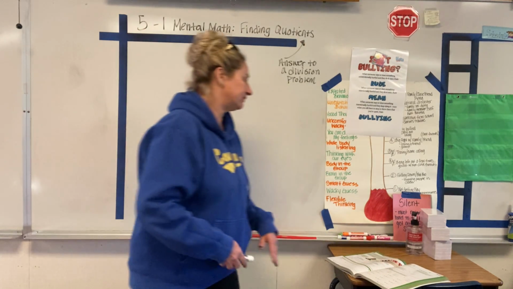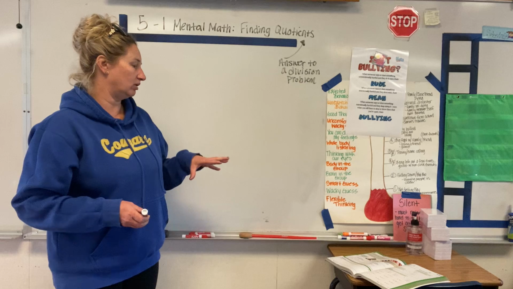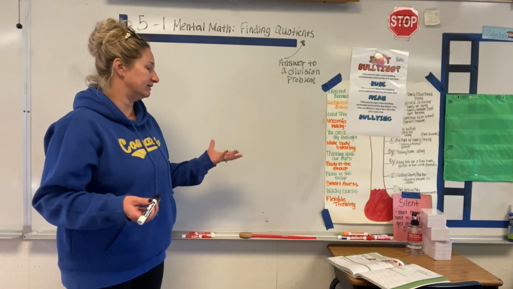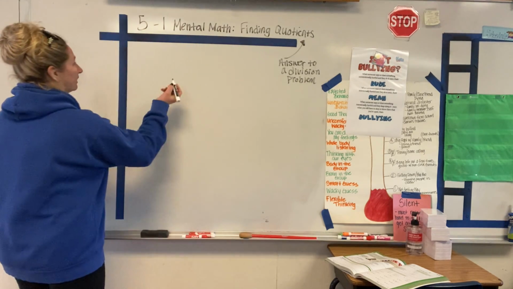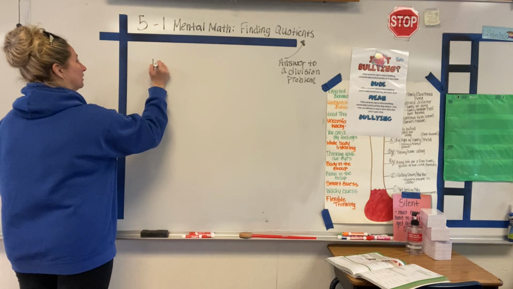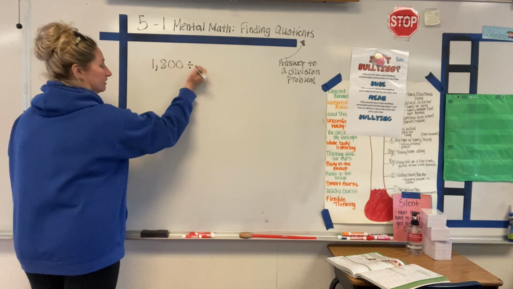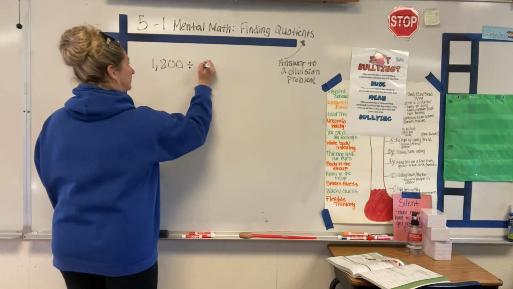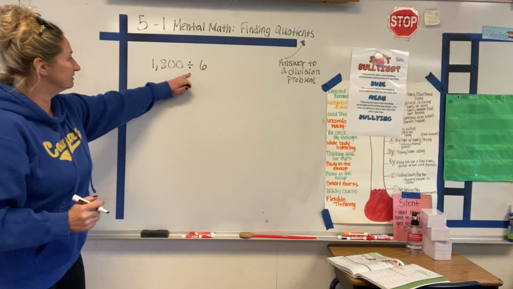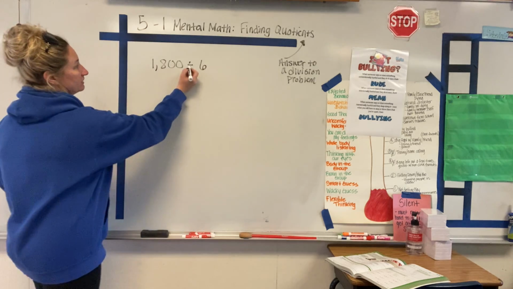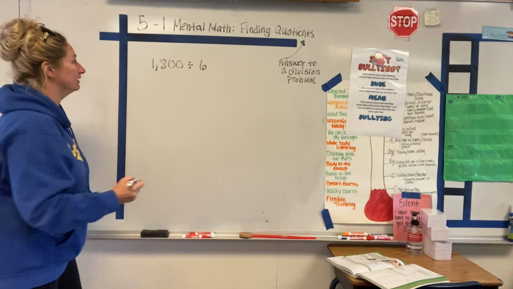The problems that they start with in 5-1 are, an example would be 1,800 divided by 6. Okay, so this is a division symbol, the two little dots with the line in between.